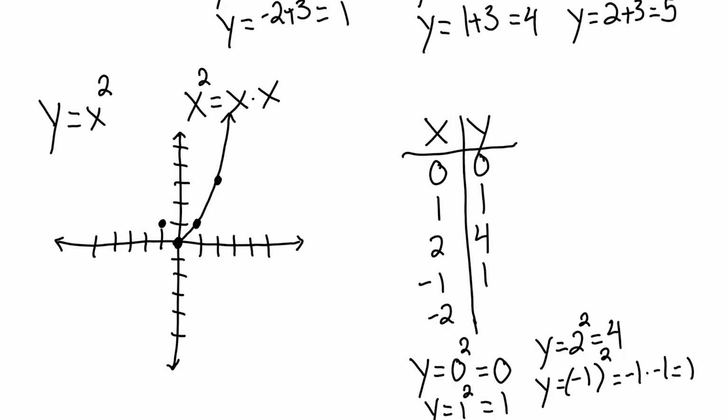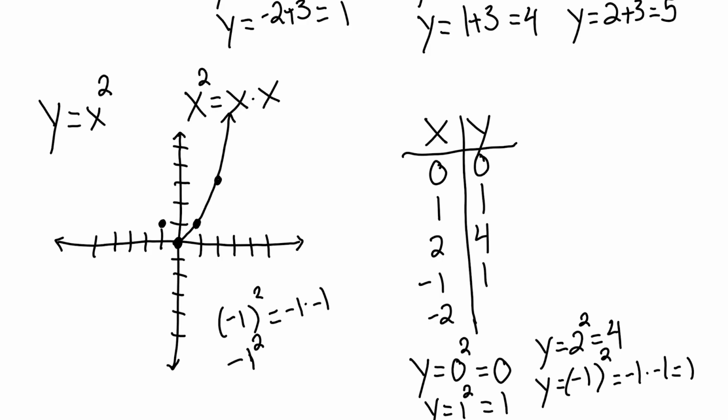Now I think it's important to really quickly, because this comes up a lot, clarify the difference between (-1) squared and -1 squared. Okay. On the surface, these look like the same thing, but we have to remember our order of operations here. So on the top one, (-1) squared, this is negative 1 times negative 1.